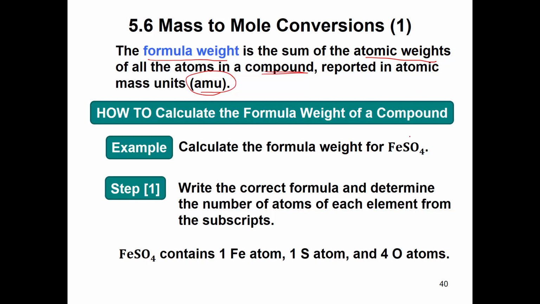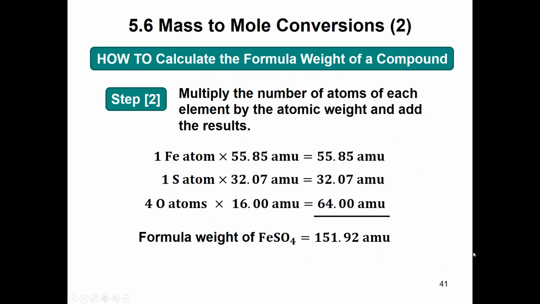So if I'm looking up the formula weight for FeSO4, I'm going to write the formula, and then figure out how many of each thing it has in there. So in FeSO4, I've got 1 iron, 1 sulfur, and 4 oxygen atoms. It's important to get that first.